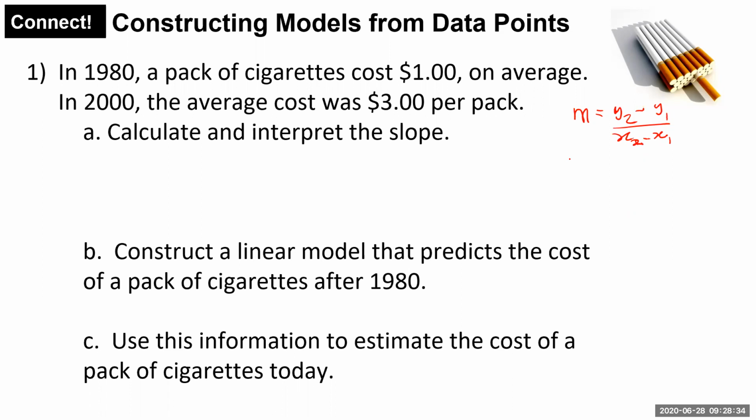You put this in coordinate form. Remember I told you time is independent, so time will always be on your x. You have to put your numbers in x and y form. That's what we call the coordinate form. So for this, in 1980, x will be 1980 and y will be the cost. And then we put this in 2000. So the time will always be on our x and the cost will be on our y.